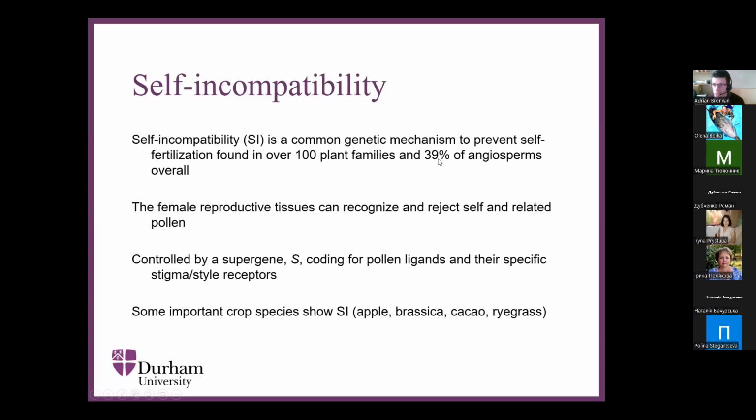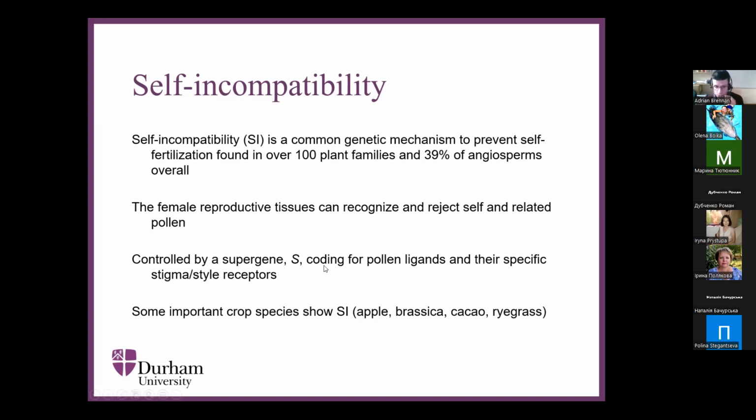Around 39% of all flowering plants show self-incompatibility. And it's the ability to recognize and reject self. So the female reproductive tissues are able to recognize their own pollen and reject it, but accept pollen from another individual of the same species.